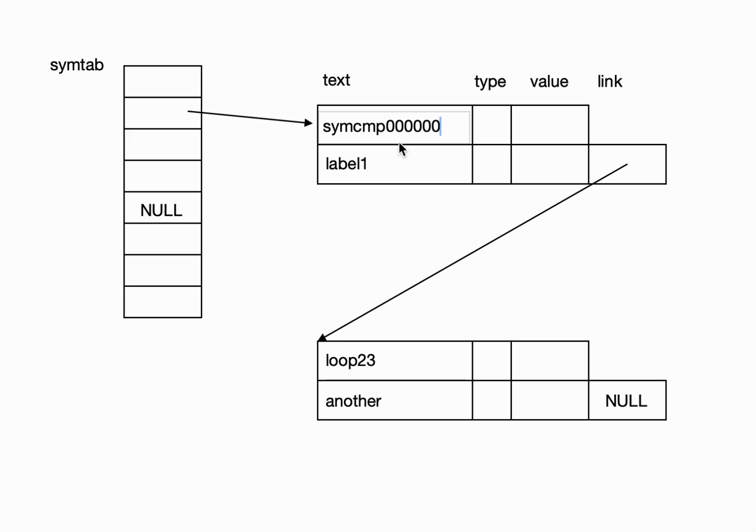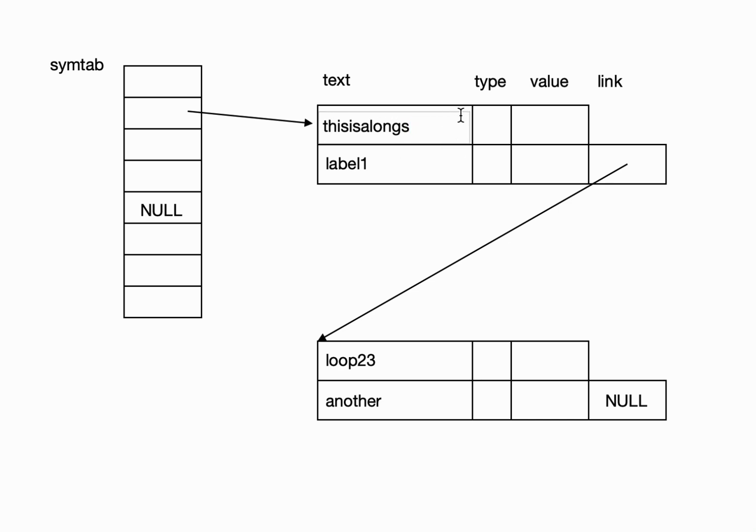So, for example, suppose that we had a symbol called "this is a long S". That's 12, right? 1, 2, 3, 4, 5, 6, 7, 8, 9, 10, 11, 12, right? So these 12 bytes fill up this text field completely.